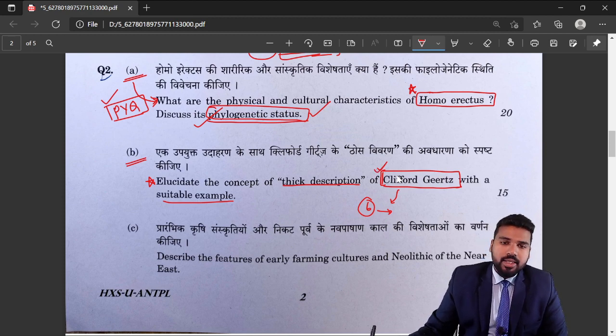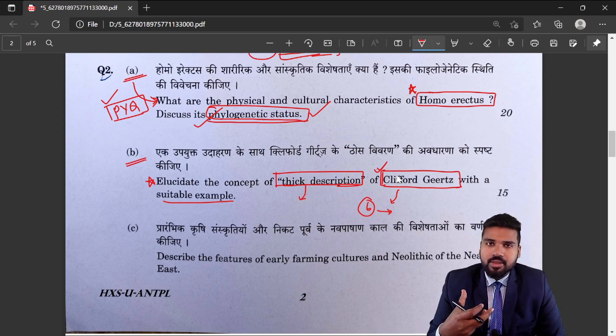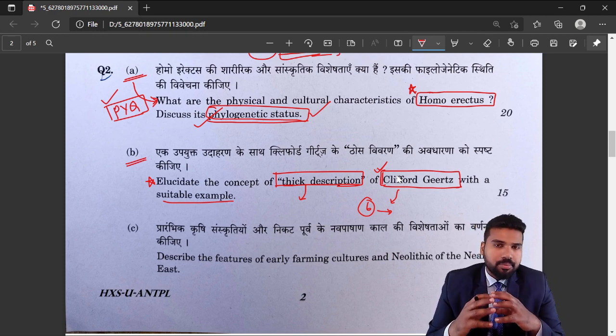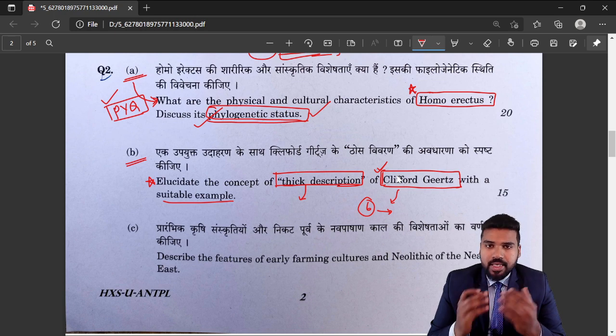Okay, and here you need to understand what is the meaning of thick description. It means whenever some person, the actor, is doing some activity, from that person's perspective, there is a description. How that person describes that act, that matters.